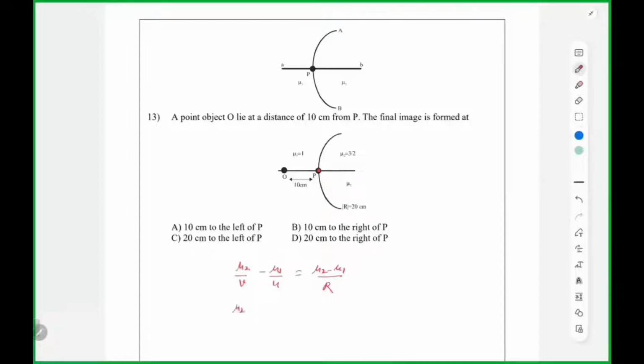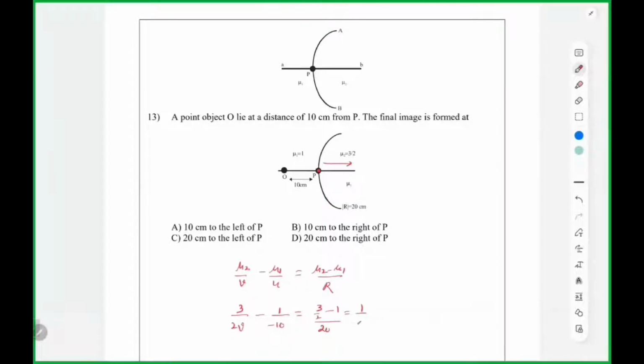So mu2 we already know, 3 by 2 V minus mu1 is 1, U is minus 10, 3 by 2 minus 1. So the radius of curvature is 20.